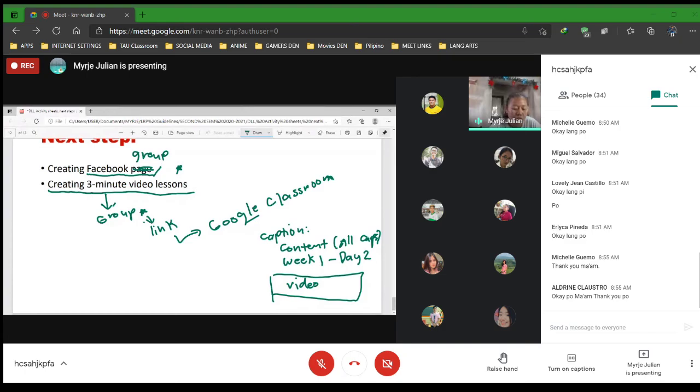So sige, since nasa intermediate level na tayo, kindly use Taglish but not pure Filipino. And pwede rin namang at most ay English. Kasi ang target lang natin dito is para maintindihan or para makaintindi lang yung bata sa lesson natin. Gumamit tayo ng Taglish.